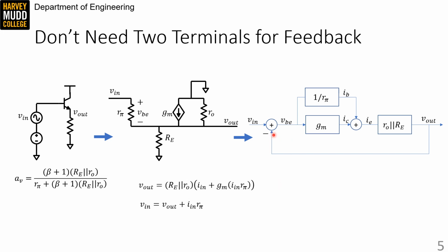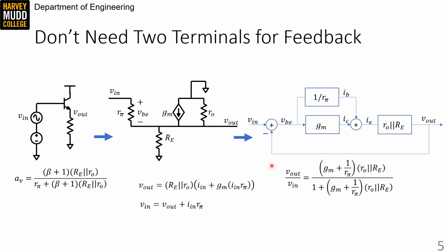And the difference between V in and V out is used to create VBE, which is sort of a codification of this expression. So this block diagram is an exact representation of the algebra that we did to solve the emitter-follower gain. I think that's really neat, and when I'm trying to analyze a new circuit and I'm getting kind of lost in the algebra, I often try to draw a block diagram in order to simplify out the equations and figure out what's going on.